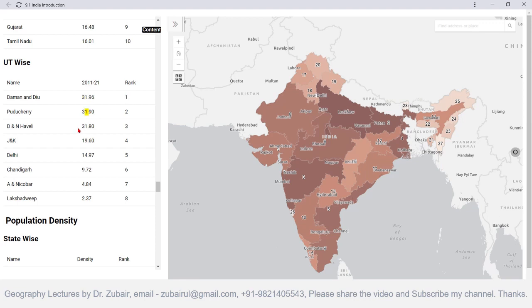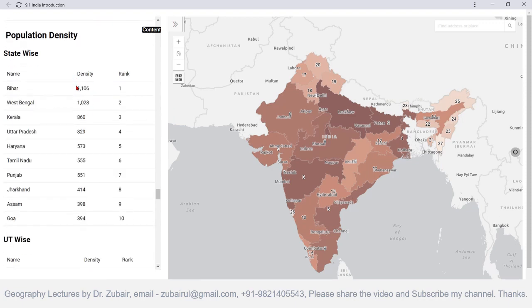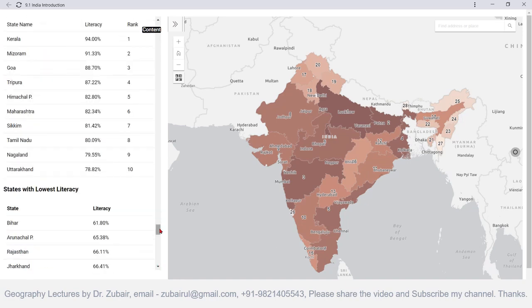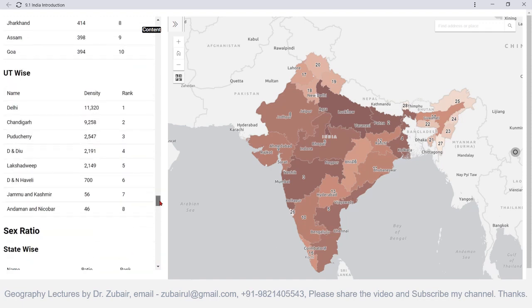Thereafter Pondicherry, Dadra and Nagar Haveli, Jammu and Kashmir, then lowest is Lakshadweep. In terms of population density, Bihar is number one, then West Bengal, then Kerala, then fourth is Uttar Pradesh. Similarly, you can see other states also. In terms of union territories, Delhi has the highest population density, then Chandigarh, then Pondicherry. The lowest is Andaman Nicobar.